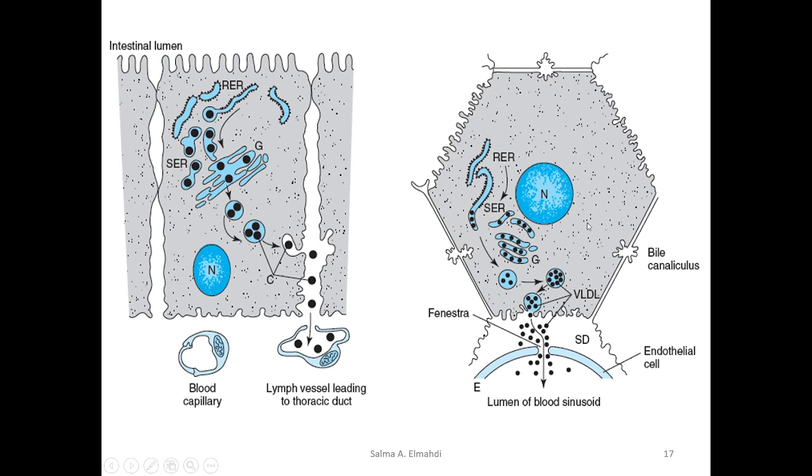In the hepatic cell, the same pathway of synthesis goes from the rough endoplasmic reticulum to the smooth endoplasmic reticulum to the Golgi apparatus to the secretory vacuoles. VLDL will be released in a space called the space of Disse, in between the hepatic cells and the hepatic sinusoids, and then join the circulation through the lumen of the blood sinusoids. So chylomicrons will be carried first through lymphatics and then to the circulation, while VLDL from the space of Disse through the sinusoids can join the blood directly.